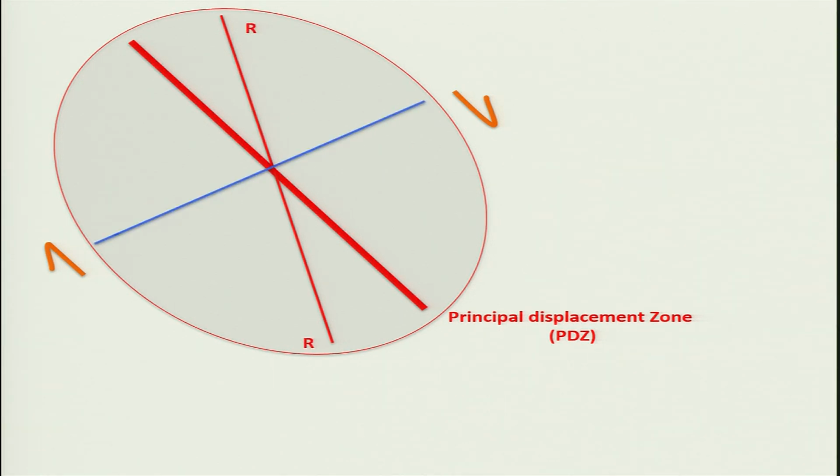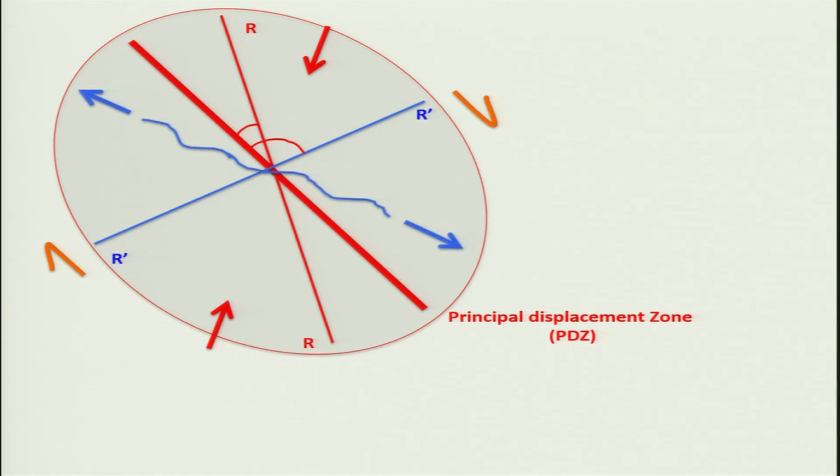One is compression and another is extension, and two different sets of fractures will form, and they will have a typical angle with respect to one another, that is, with respect to mainly the main fault zone or the displacement zone. One will be at a low angle, another will be at a high angle, so you have compression in one direction and extension taking place in another direction.